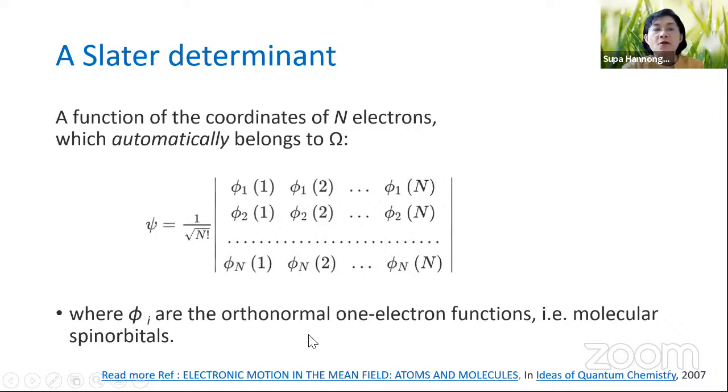Okay, and also sometimes we can include the spin orbitals. In order to solve the Schrödinger equation for a smaller system, we can do it. Okay, but for many electrons, we need some kind of mathematical method to solve the Slater determinant. But anyway, at the end, we can solve it and propose some kind of molecular orbital, from the linear combination of atomic orbitals to molecular orbital.